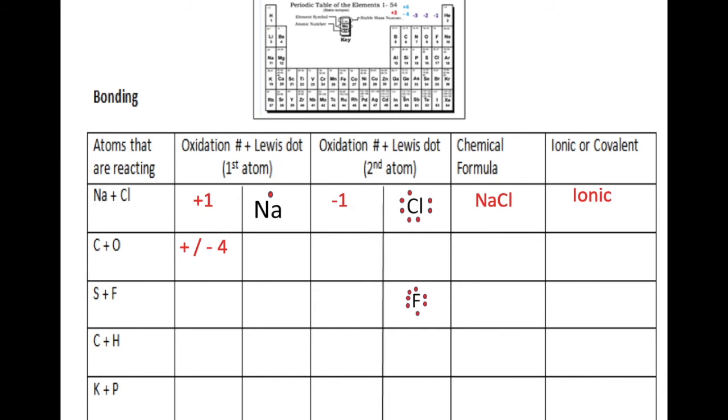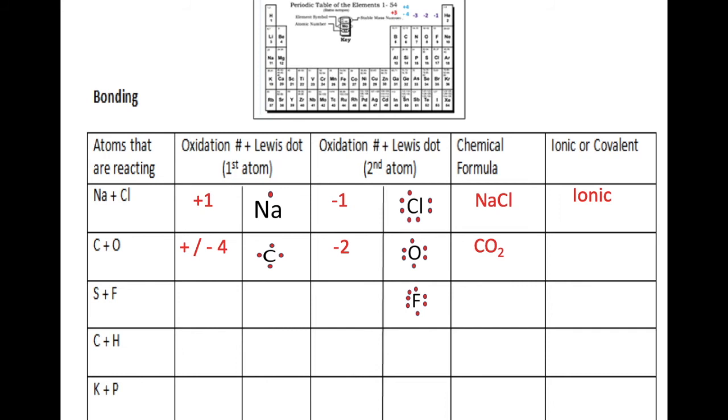Let's look at carbon and oxygen. Carbon, remember, is tricky. It can have an oxidation number of either plus or -4, and its Lewis dot structure has 4 valence electrons. The oxidation number for oxygen is -2, and there are 6 valence electrons. We have a chemical formula of CO2 because it's going to take 2 oxygen to even out with the potential +4 oxidation number of carbon.